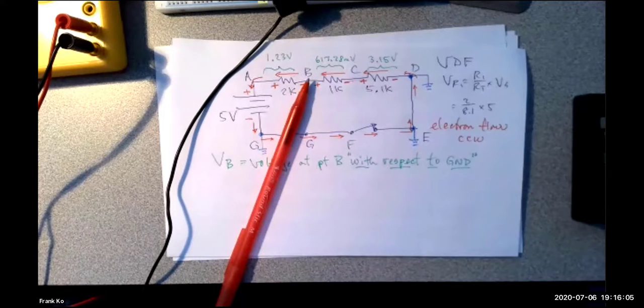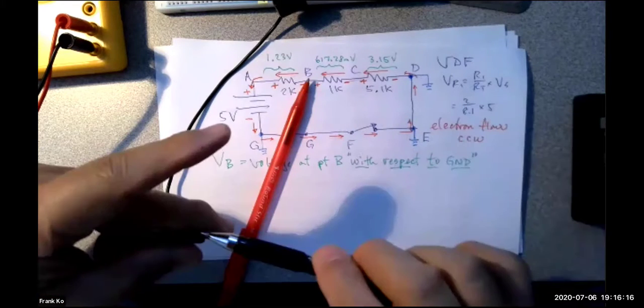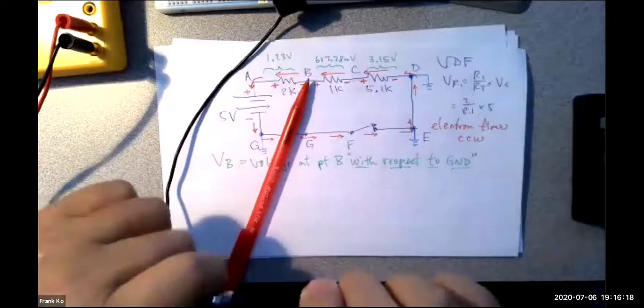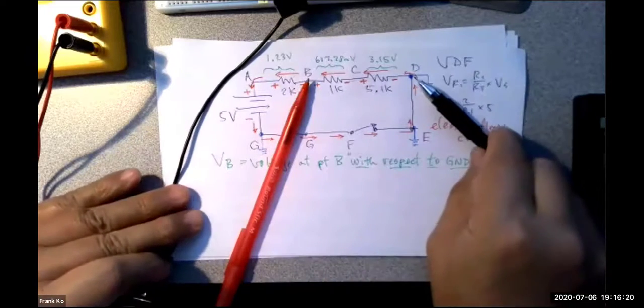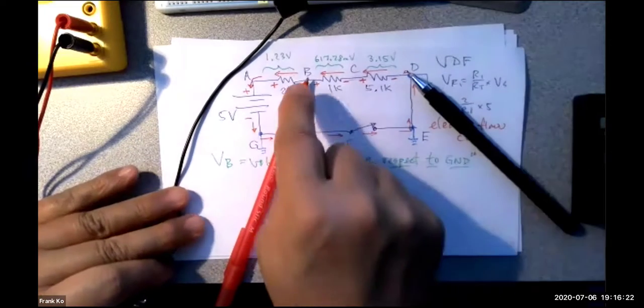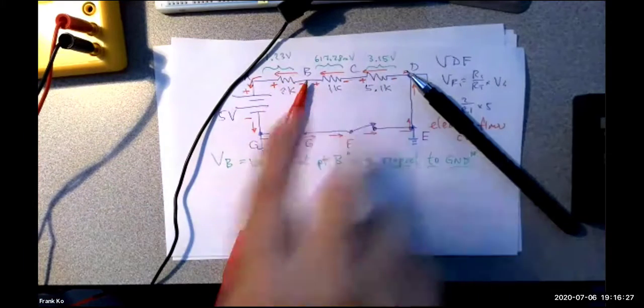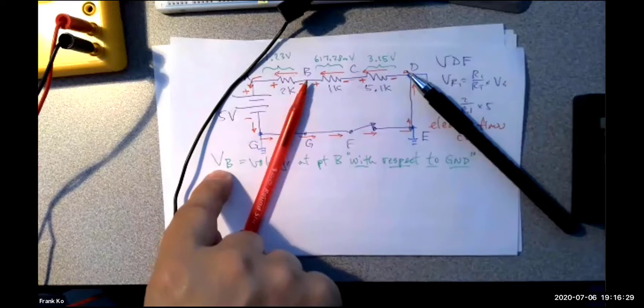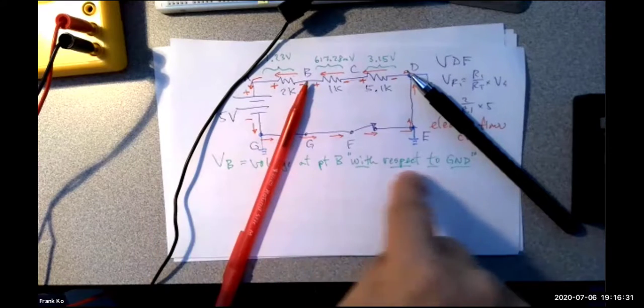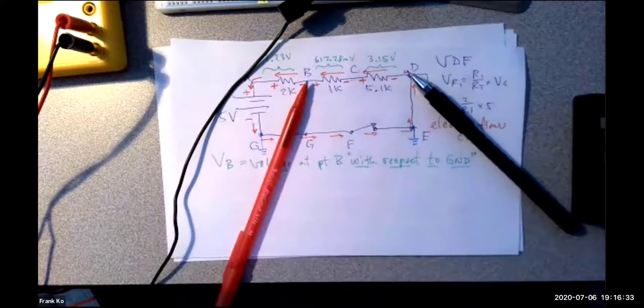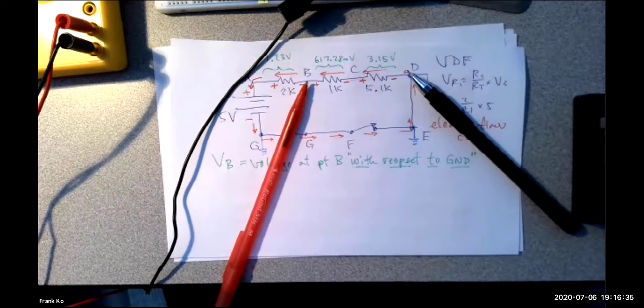Could I also take this black pen and put this at point D, which is ground, okay? So I now have a red probe here and a black probe here. Is this going to give me a measurement called VB, the voltage at point B with respect to ground? Is this the correct connection between my probes, yes or no?